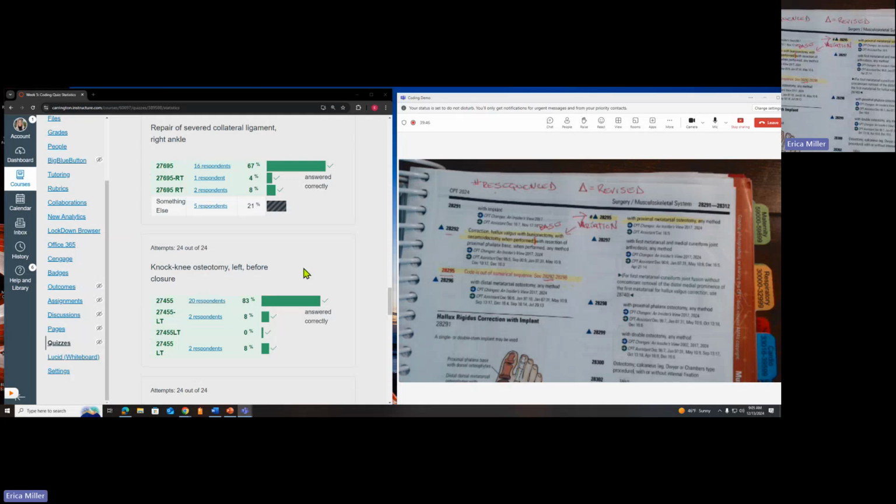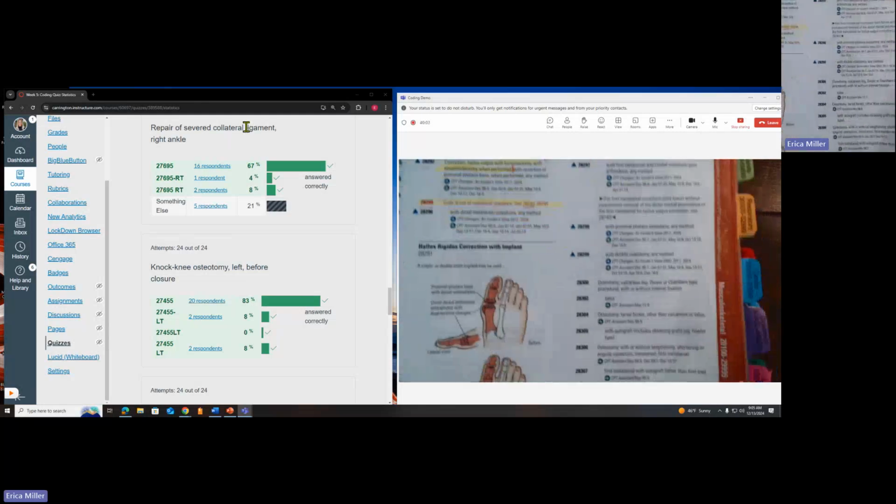All right, up next, we've got a repair of a severed collateral ligament, right ankle. All right, so, I was thinking about going to ligament repair. Okay, maybe that's what I'll do here. Okay, let's see.